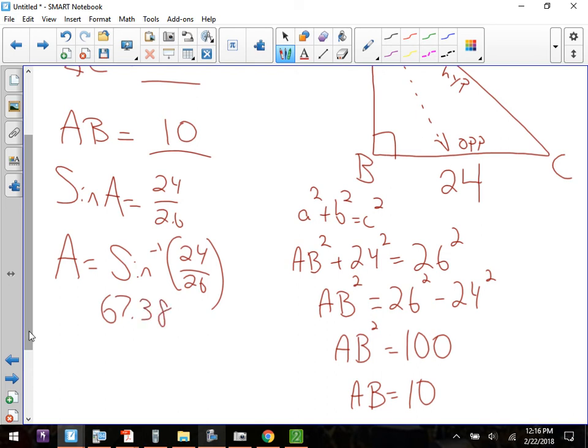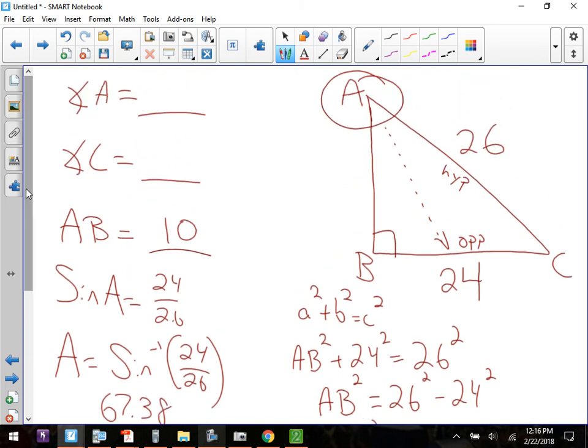Okay. And now we go to angle C. Angle C, if I start here, there's the opposite now. What does the 24 become in relation to angle C? It becomes the adjacent. So now it's no longer an opposite, it's now an adjacent. What trig function do I use to find angle C? Cosine. Okay. I'm using two different trig functions because I have two different angles.